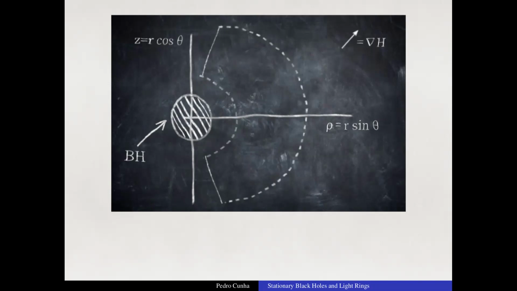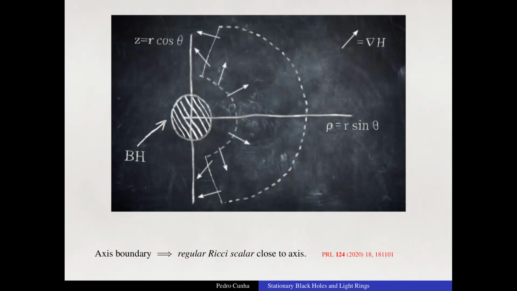Now we can focus on the physical conditions. The condition for a finite Ricci scalar close to the horizon makes the gradient have a positive radial component. And in a similar way, a finite Ricci scalar close to the rotation axis fixes the gradient orientation in the direction of the axis.